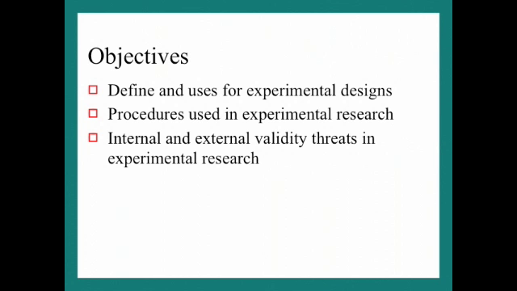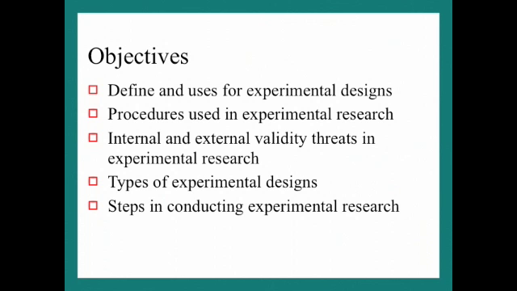You need to understand what internal and external validity are, and what the threats to internal and external validity are in our experimental research. And we're going to talk about the different types of experimental designs, the steps in conducting experimental research, and how we evaluate experimental research. So that's our objectives for this lecture.